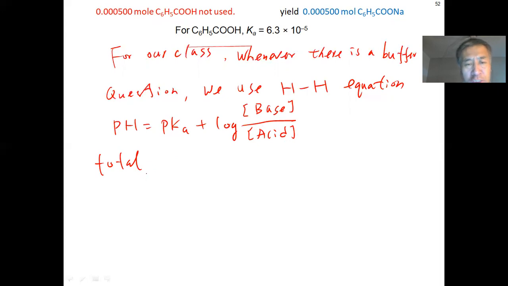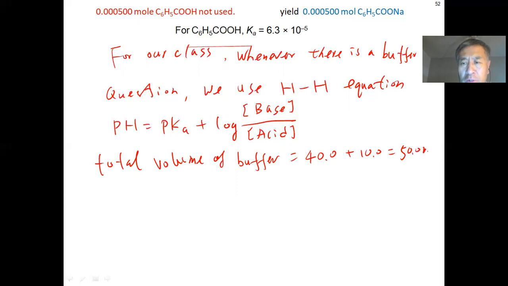So in this example, let's say our total volume of our buffer, all the volume together, equals 40 benzoic acid plus 10 of the added base. We have 50.0 mL total volume, and that equals 0.050 L.